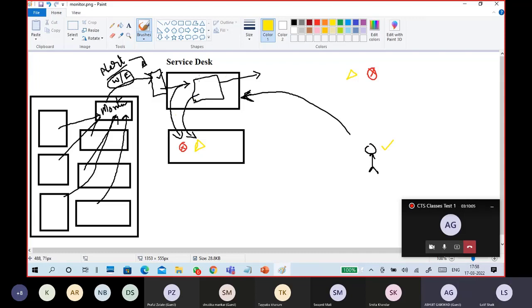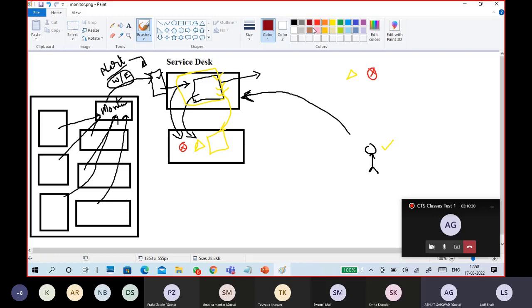So in both ways, whatever issues occur, the service desk will take it, check it, and try to fix it. Otherwise, escalate the issue to the particular team. In a service desk, different levels are also there, guys.